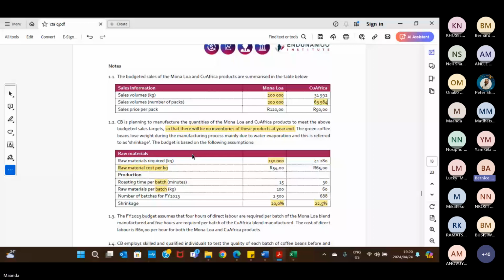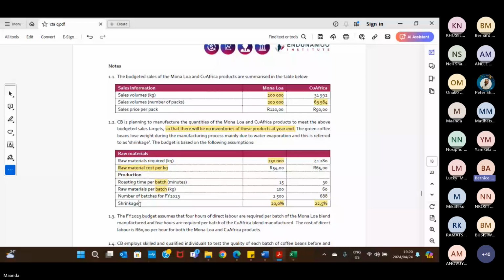I also calculated the per kg, like I wanted to get how much is 1 kg. I think I confused myself. I'm not able to show you what I did.